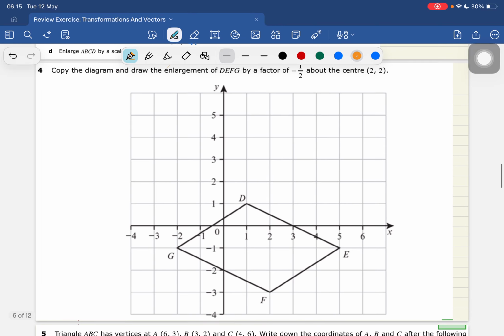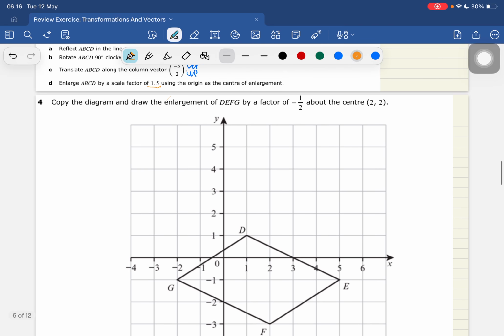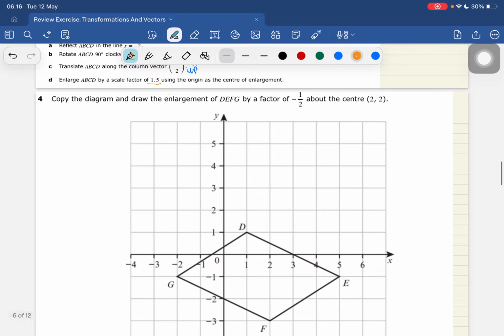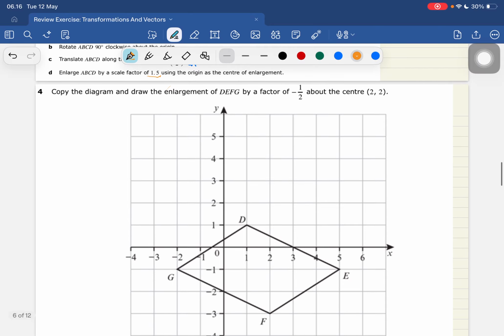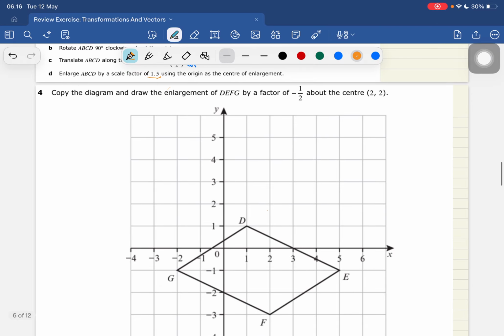Okay, we can continue with number 4. So we need to copy the diagram and draw the enlargement. The scale factor is negative, and the center is (2, 2). Here is the center.